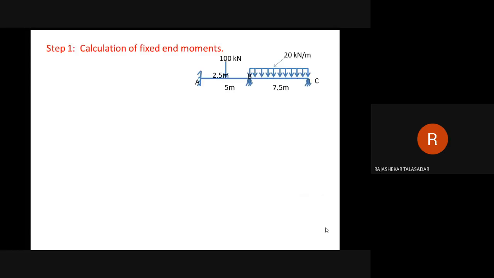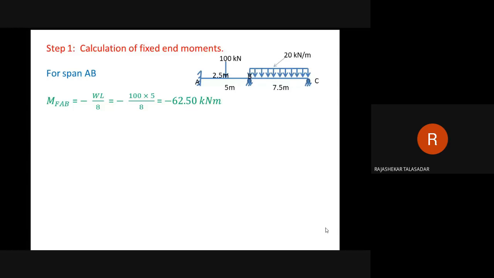Okay. Now, what is the first step now? You have to calculate the fixed end moments. So now here each span you have to consider as a different fixed beam. First, let me consider span AB. AB is the span having 5 meter span carrying load at the mid span 100 kilonewton.